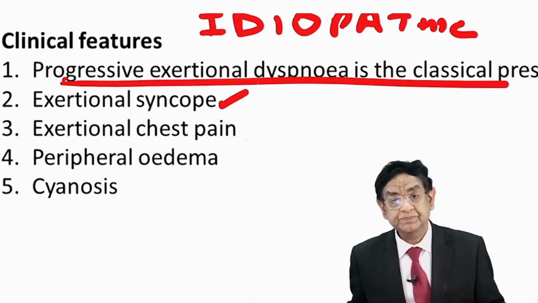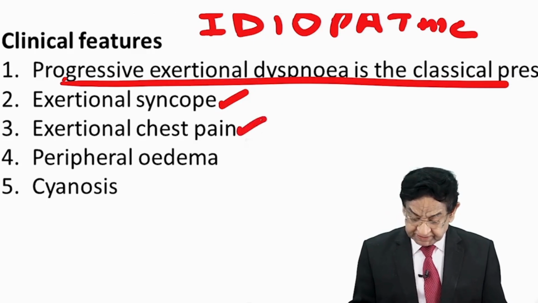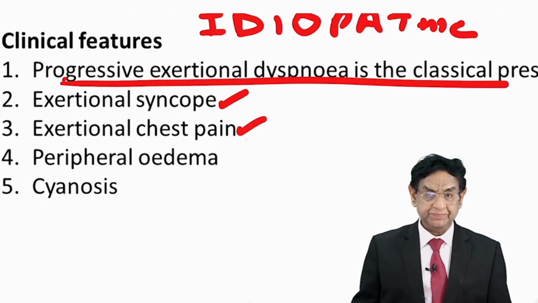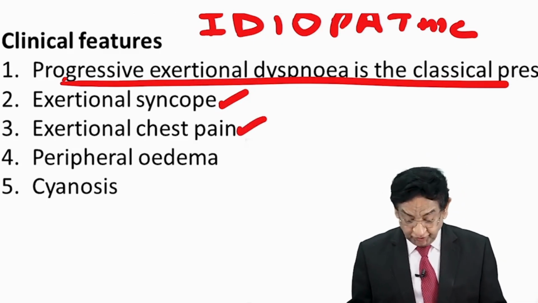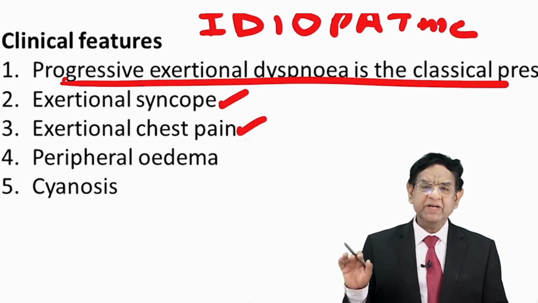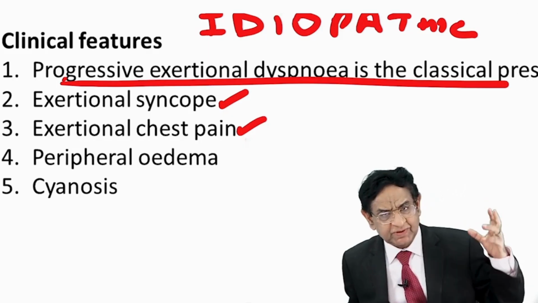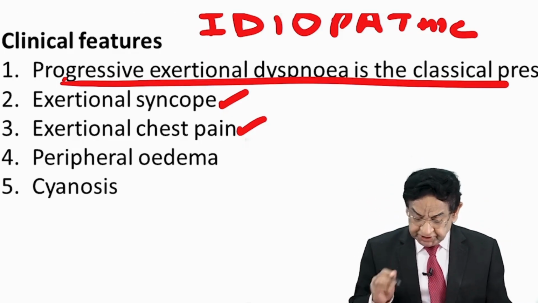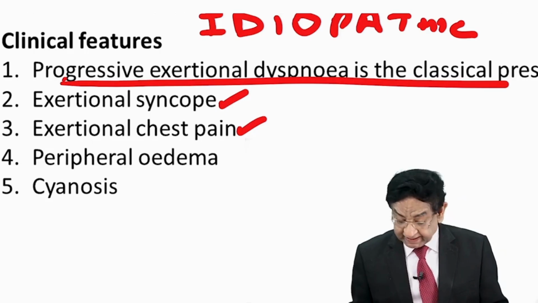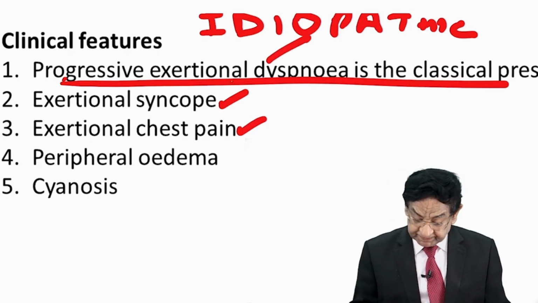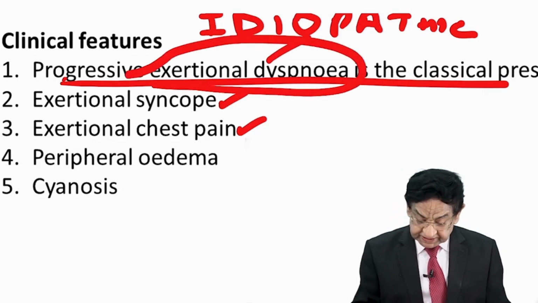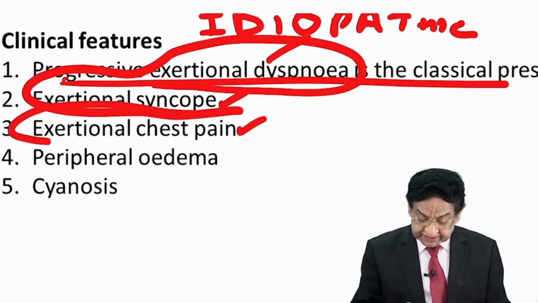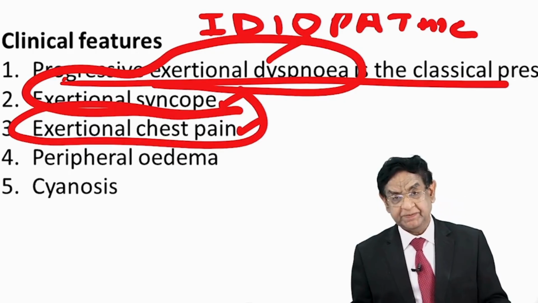Exertional syncope, exertional chest pain also. Fine. Now, if you just cool down and analyze with a cool mind, we are getting three things: exertional dyspnea, exertional syncope, exertional chest pain.